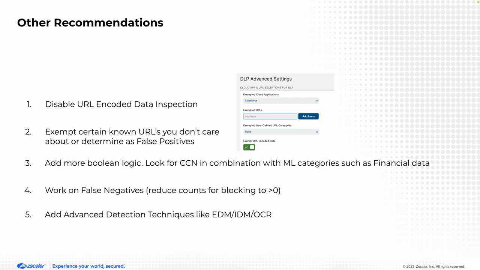For classification of structured and unstructured data, you can even add EDM and IDM to the mix. So what we want is the DLP engine to only look at stuff that makes sense and every outcome to be actionable. The moment there's a lot of noise, the human tendency is to start ignoring. Using these parameters that we covered, you can tweak your policy to significantly increase your detection accuracy without causing false positives that clutter your remediation system.